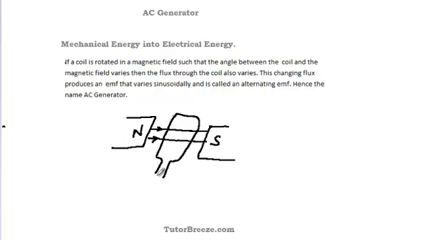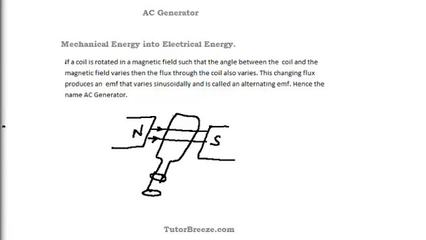Now the ends of this coil over here are connected to slip rings. These are called slip rings. These are flat brass rings, and the ends of the coil are connected to these slip rings. And we have another slip ring which is connected to this end of the coil over here. And then you have carbon brushes.